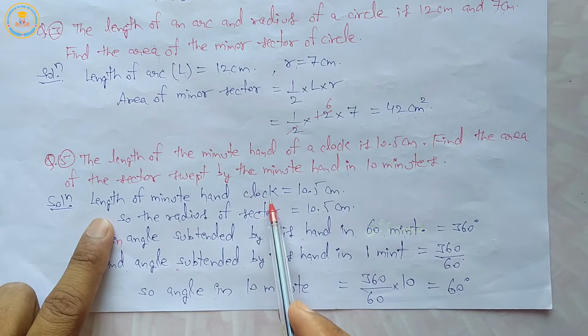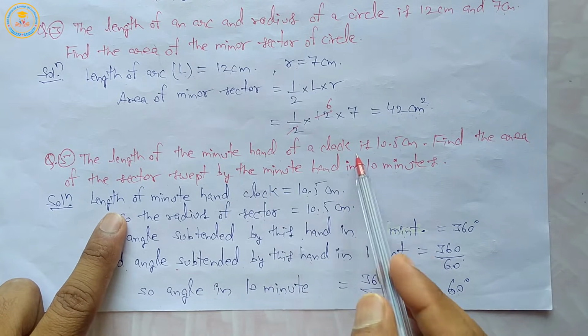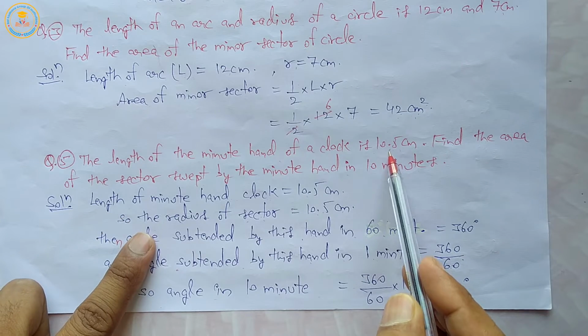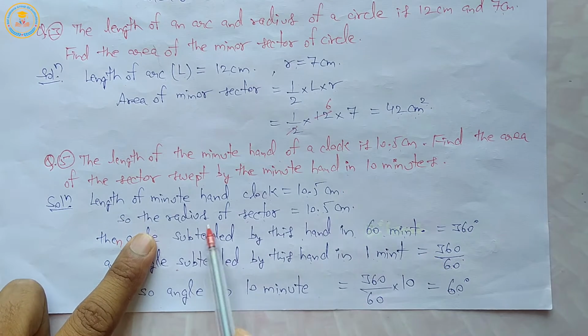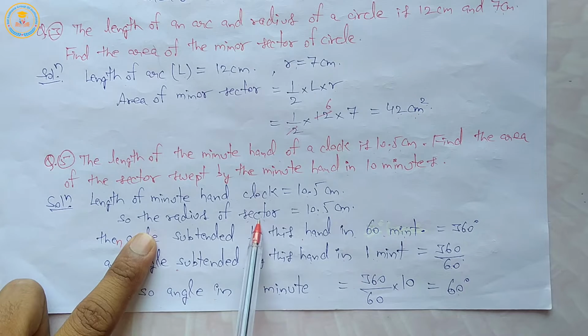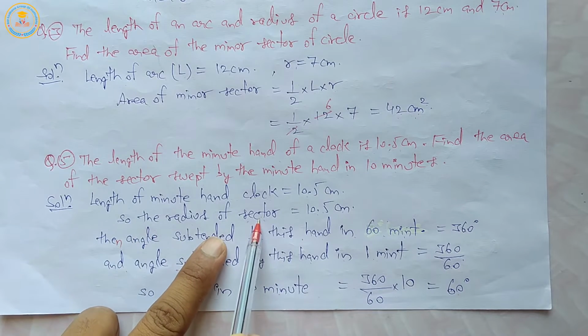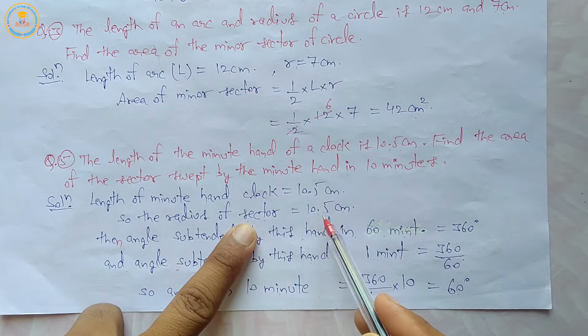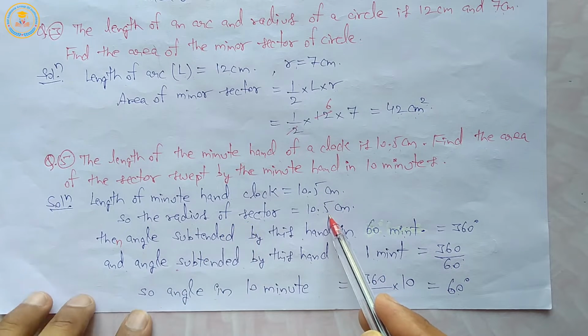Length of the minute hand of the clock is given 10.5 centimeter. We let this length be the radius of the sector. So radius of sector is 10.5 centimeter.